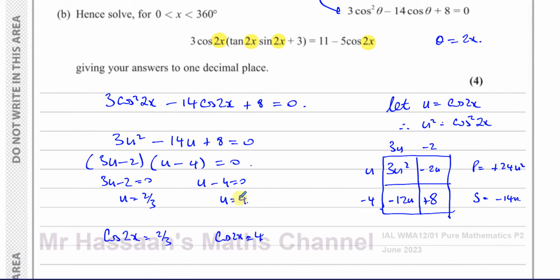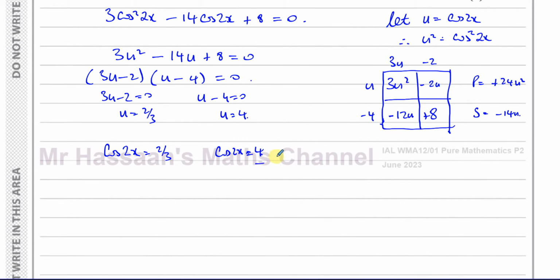Now, for cosine of 2x equals 4, we should understand that this will give us no solution, because we know that the cosine curve has a maximum value of 1 and a minimum value of -1 if there are no vertical transformations, and there are no vertical transformations here. This only has a horizontal transformation.